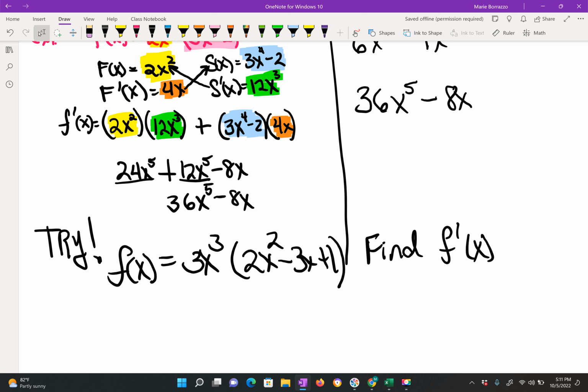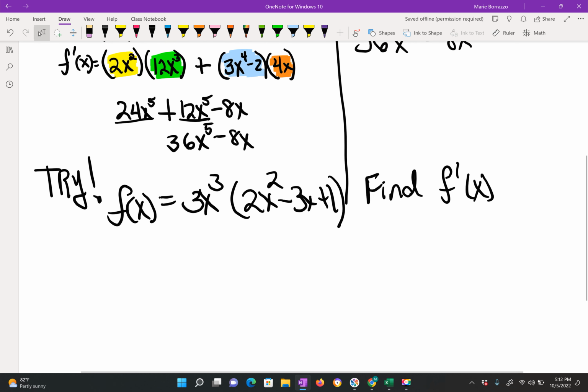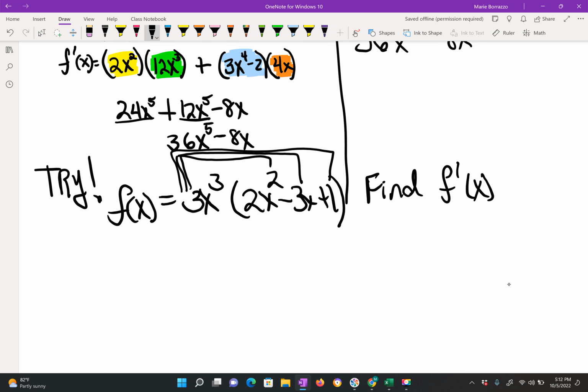So what did you get? 30x to the fourth power. Fourth? Yeah, okay, yes, you're right. Minus 36x cubed. So if we use the distribution method, which is very easy, you're going to get 6x to the 5th minus 9x to the 4th plus 3x to the 3rd.